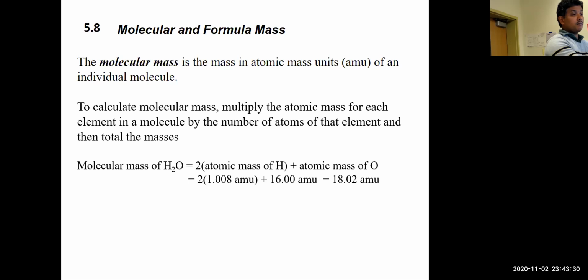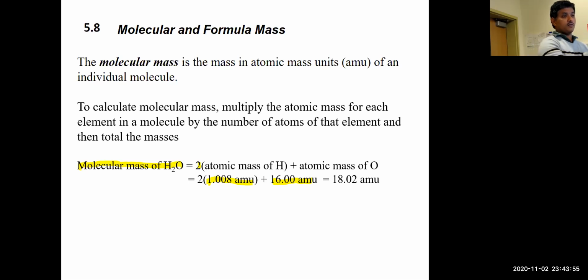Let's look at this example. Molecular mass of water: it contains two hydrogens, so you need to multiply the atomic mass of hydrogen by 2, and because it contains only one oxygen, you don't have to multiply the atomic mass of oxygen with anything.